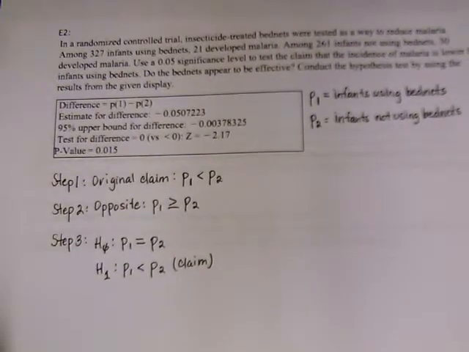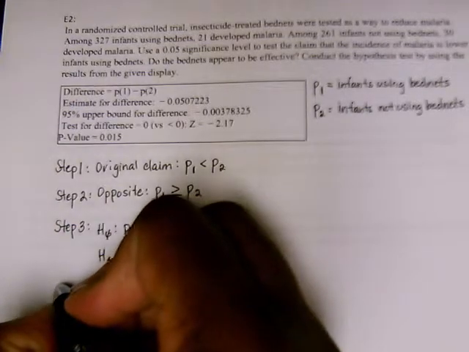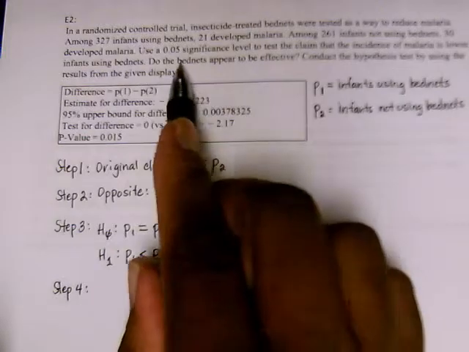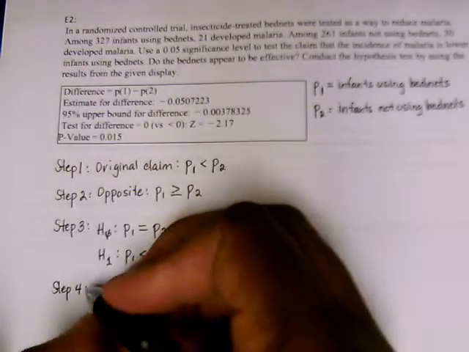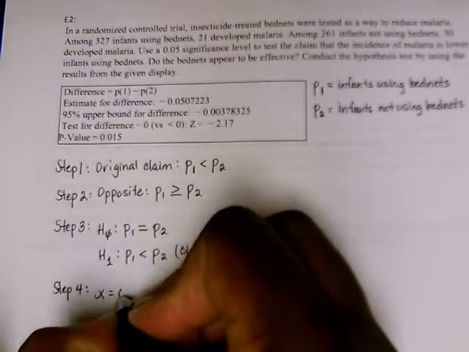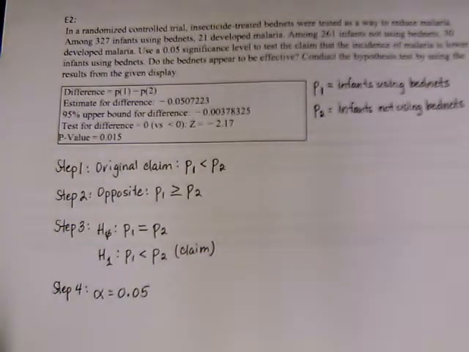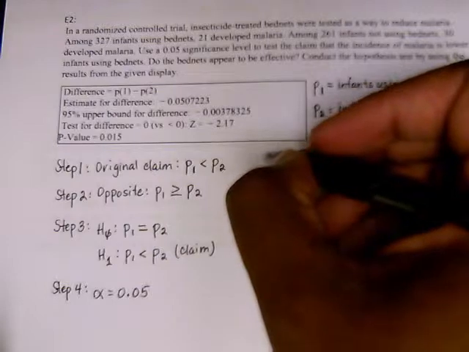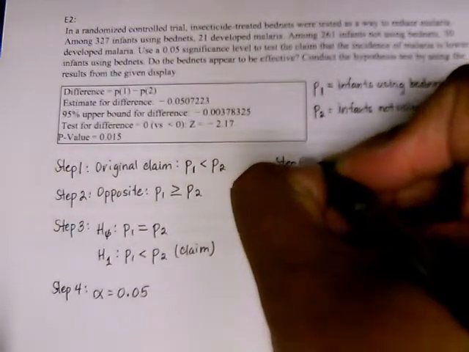Step number 4 is stating the level of significance. Now you're told what the level of significance is. That's 0.05, so that's going to be your alpha level, 0.05. Alright, step number 5 is your test statistic.